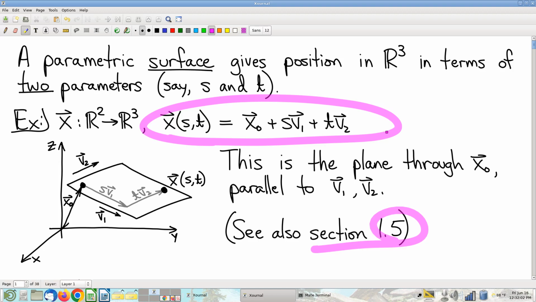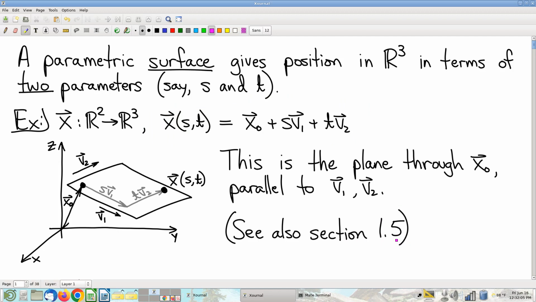The big idea, I'll remind you, is that if you have this vector v1 and this vector v2 that are parallel to the plane, but not parallel to each other, of course, then you can use those to talk about, for example, how far would I need to go in the v1 direction. That, of course, would be some multiple of v1. And then perhaps how far might we need to go in the v2 direction. And, of course, that's going to be a multiple of v2.